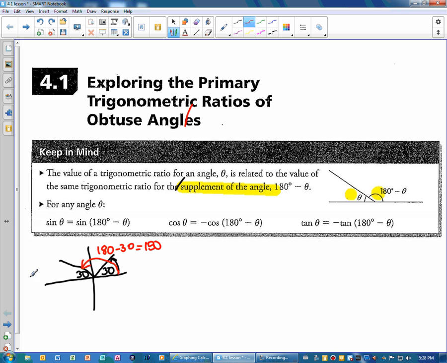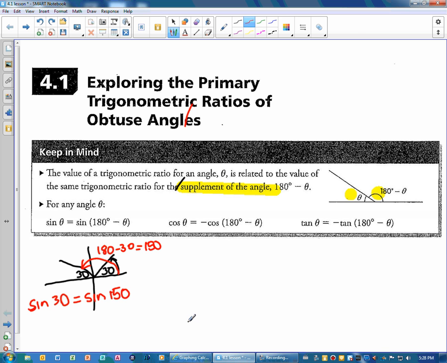So this is saying that the sine of 30 is the same as the sine of 180 minus 30 or 150.